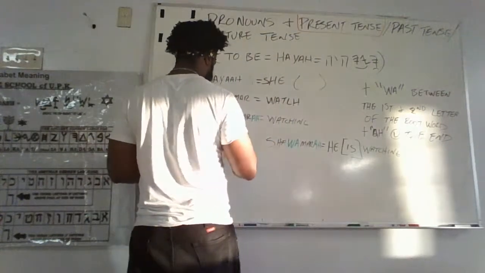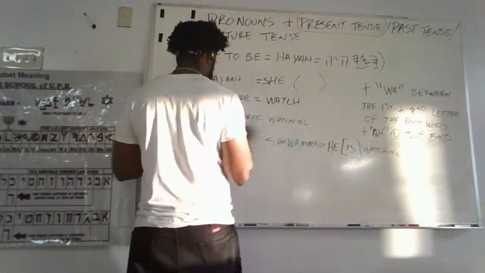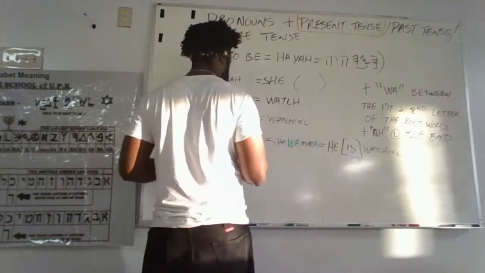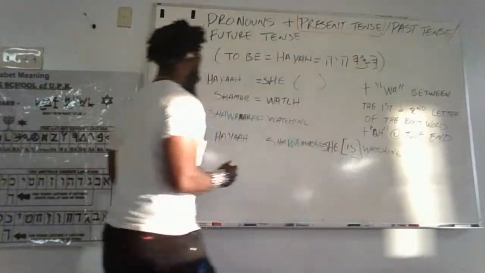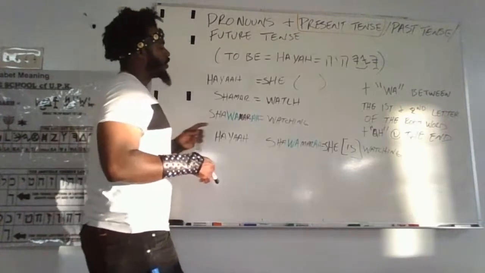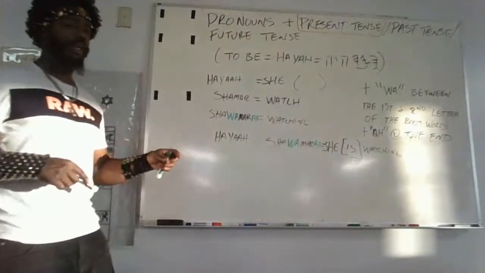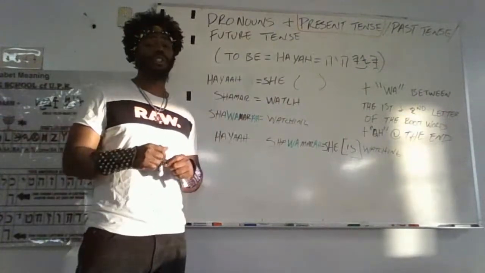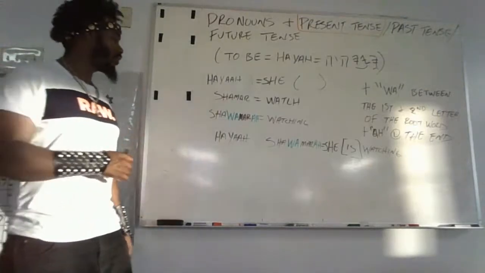Why? Because it's feminine. So now the sentence is haya shawamara, which is she, implied, is watching. She is watching.